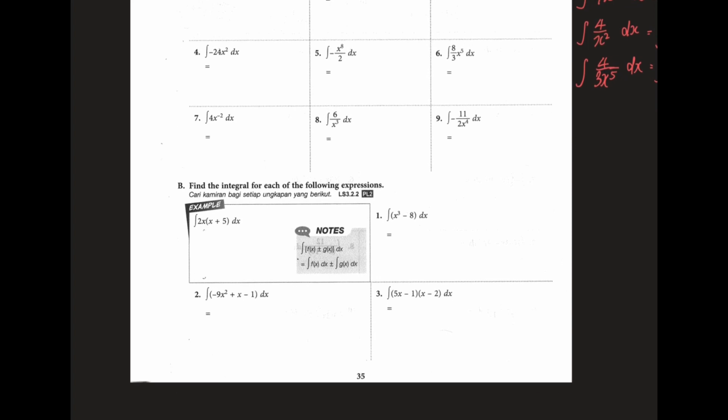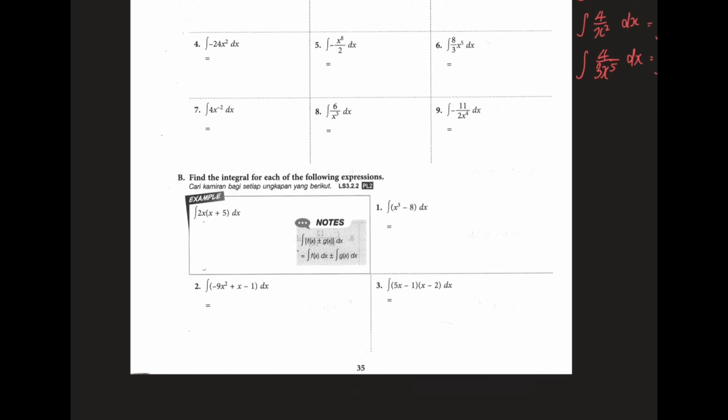And let's see part B. So part B is where we need to expand first. 2x you expand with x, 2x you expand with 5, then you integrate term by term. We can do so if the terms are adding or minus with each other.